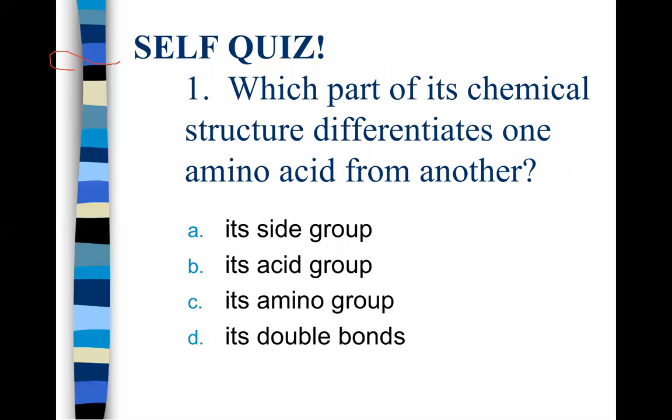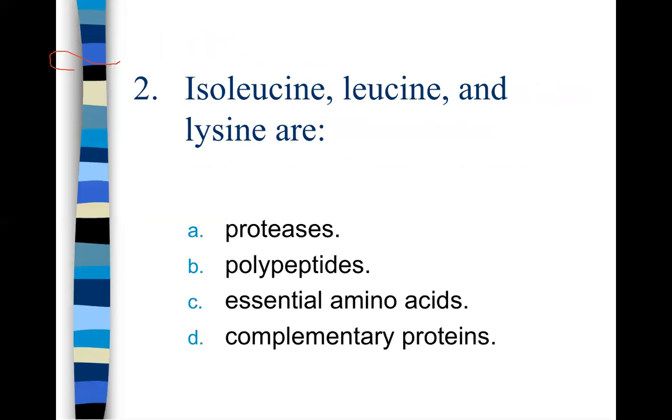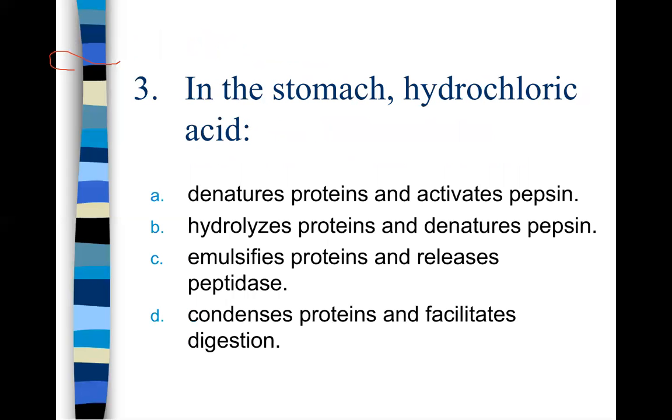All right, the quiz. So, which part of its chemical structure differentiates one amino acid from another? Hopefully you said its side group. Isoleucine, leucine, and lysine are all C, essential amino acids.